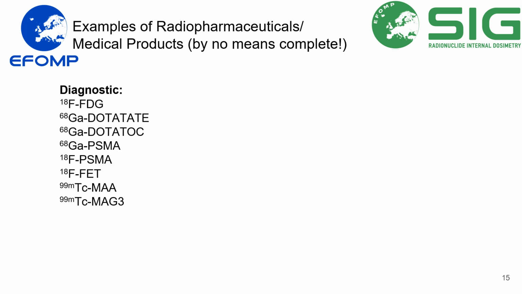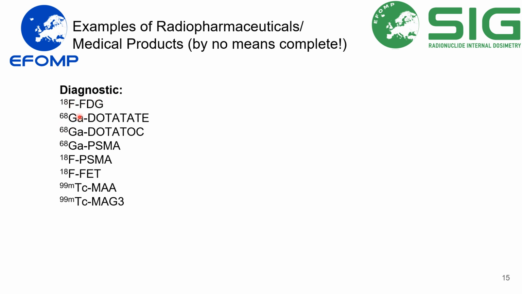A few examples of radiopharmaceuticals, some of which you will hear about in the coming webinars. Diagnostic ones: F18-FDG. FDG is a glucose analog, so it's being consumed by cells which have a high metabolic activity. You can imagine that any tumor cell has a high metabolic activity and therefore takes up F18-FDG.